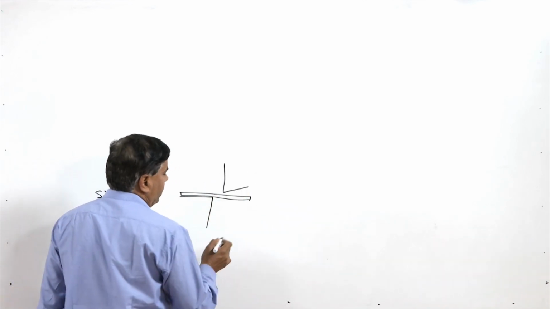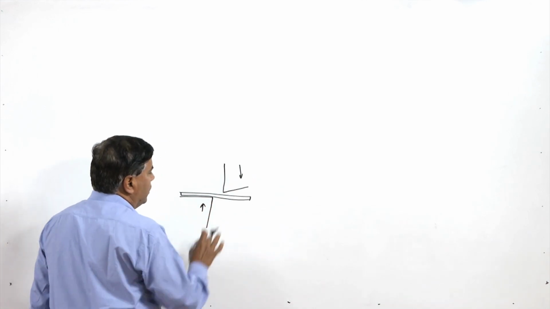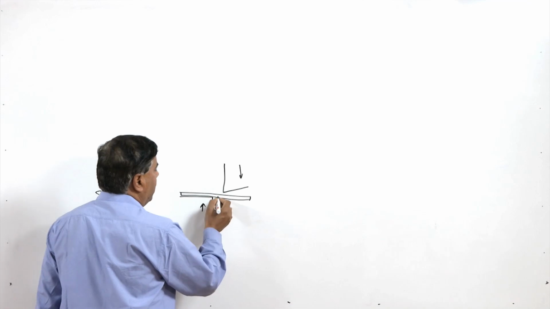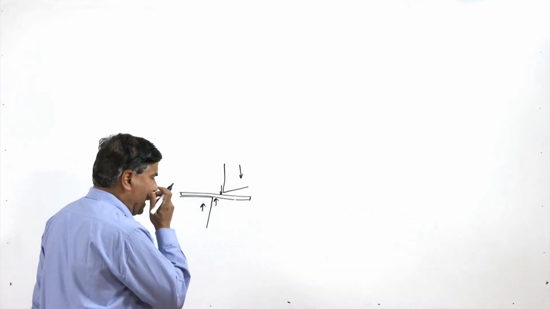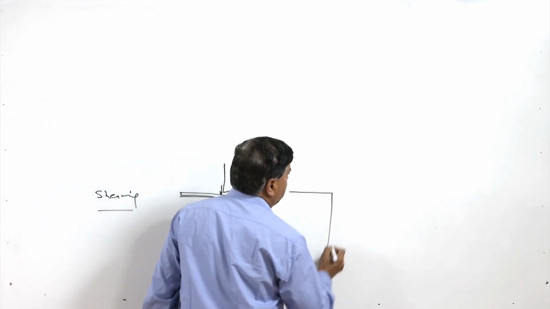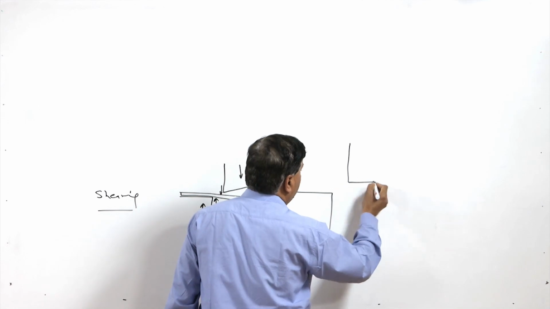We can move both the blades to have relative motion, and when these blades act, a shear force acts on the strip.